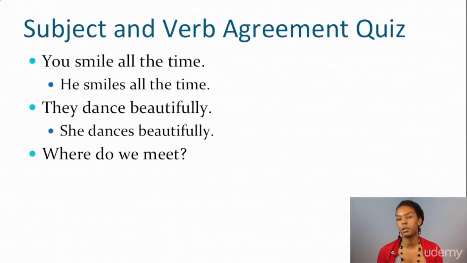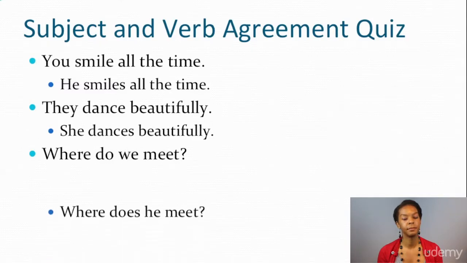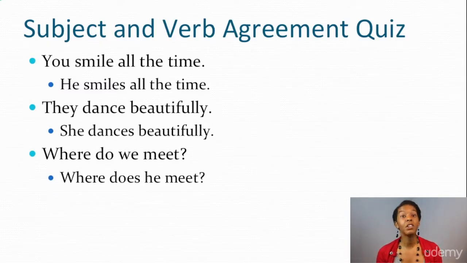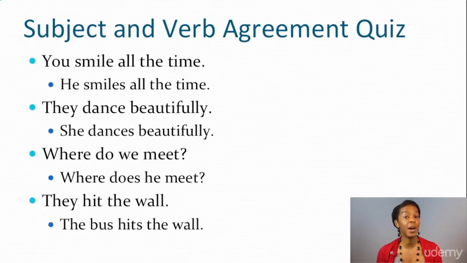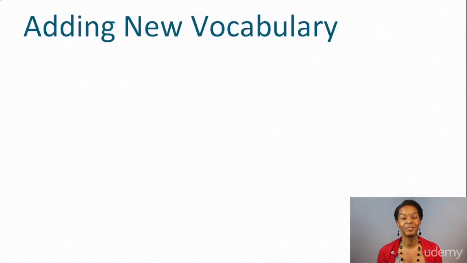Change that into third person singular. That would be, where does he meet? They hit the wall. Change that into third person singular. That would be, the bus hits the wall.